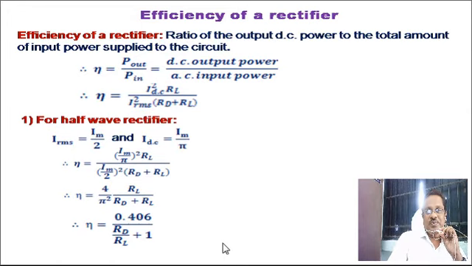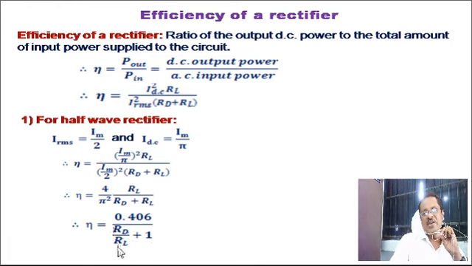Now, pi square is 9.86. If you substitute the value of pi square, 4 upon 9.86 comes to be 0.406. So this equation will be eta equal to 0.406, with RL taken in the denominator place, so it will be RD upon RL plus 1, because RL divided by RL is 1. Now RD by RL is very less than 1.